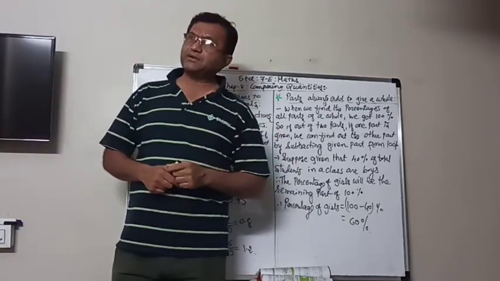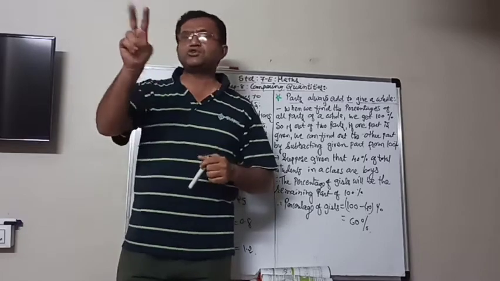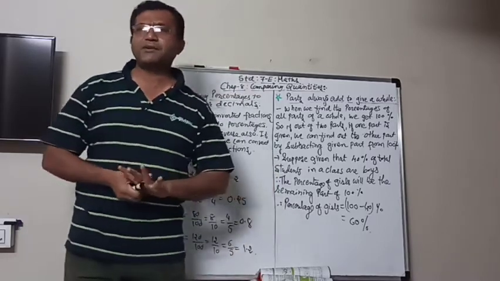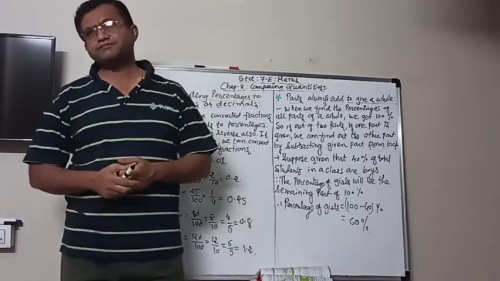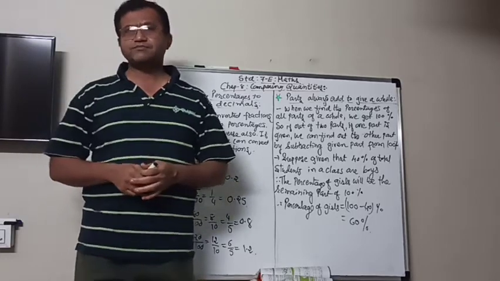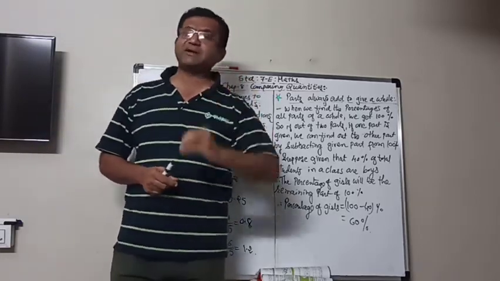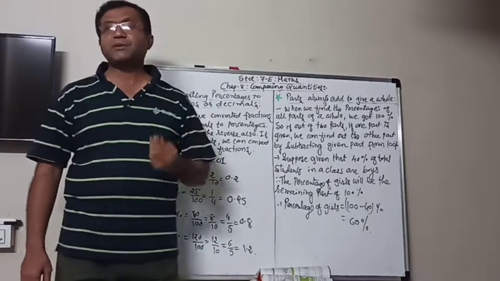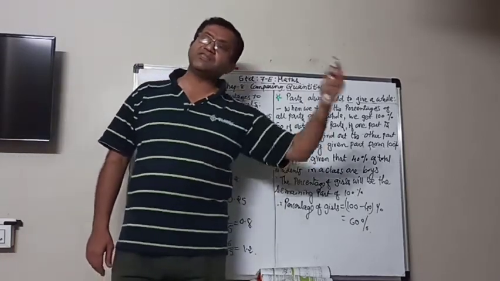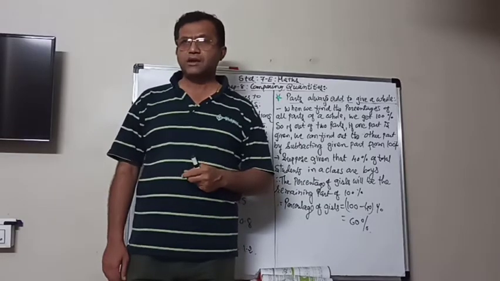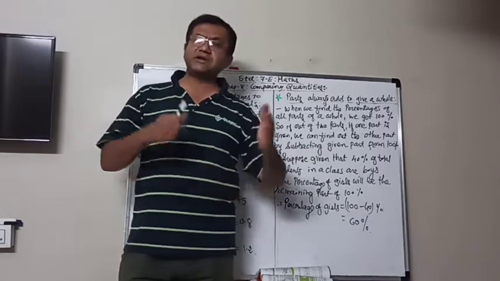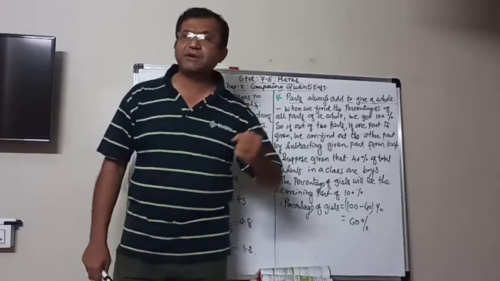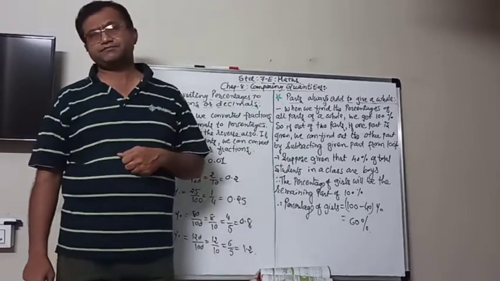It means that if two parts of a whole are given and the percentage of one part is given, we can easily find the percentage of the other part, as we can subtract the given part from 100.